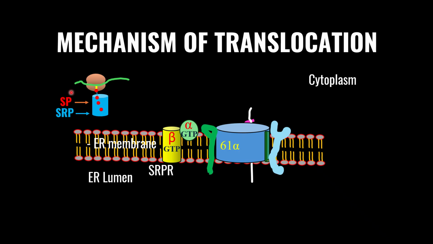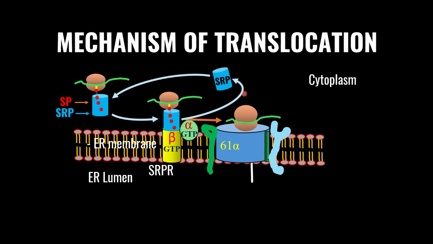The whole complex will diffuse and dock on the SRP receptor, which undergoes a conformational change, which is translated into the Sec61 component, which forms the channel and allows the placement of the ribosome on the channel through which the protein translocates. Now when the ribosome has been placed on the channel, it assumes its normal rate of translation. SRP leaves the site.